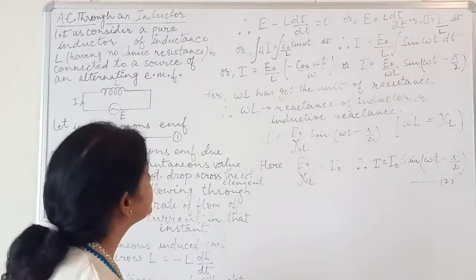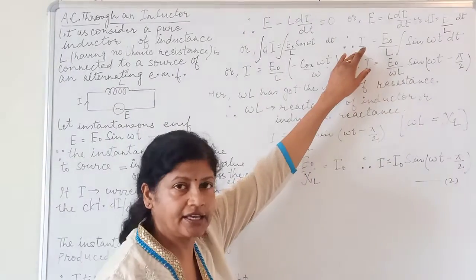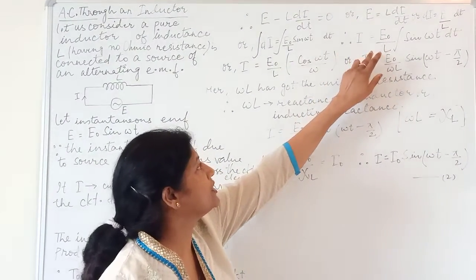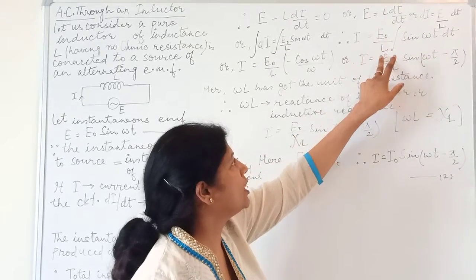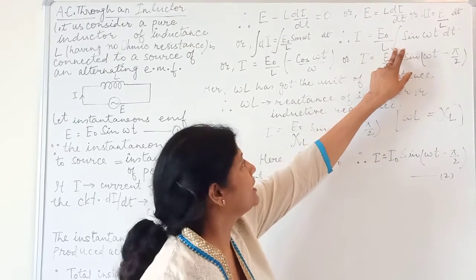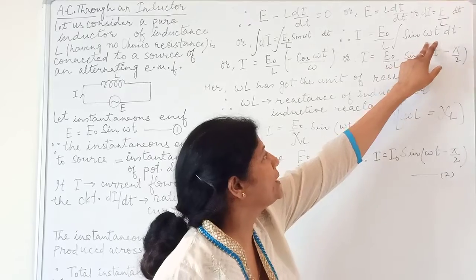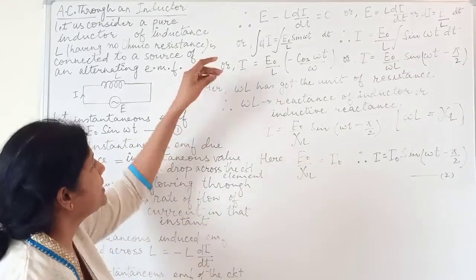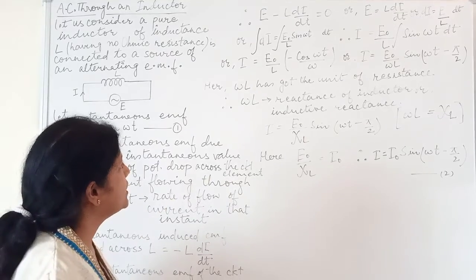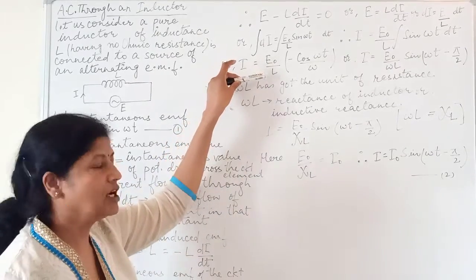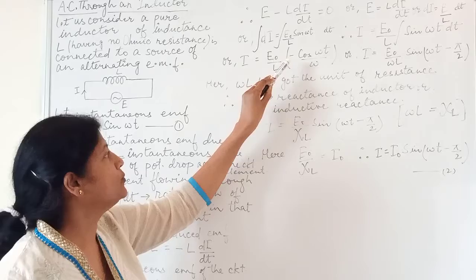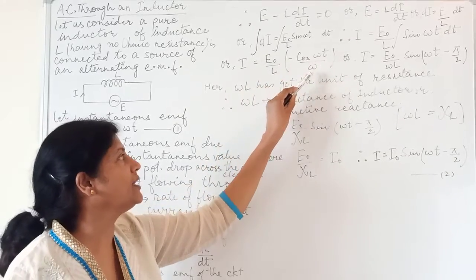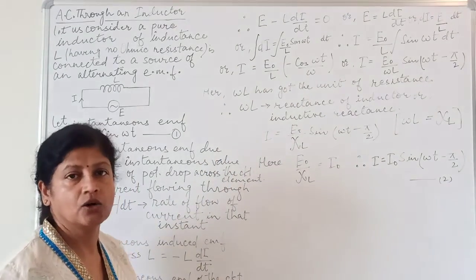After integration, we get I, total current, is equal to E naught upon L integration of sine omega t dt. After integration, we get I is equal to E naught upon L into minus of cos omega t upon omega.